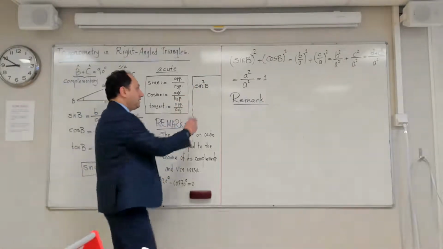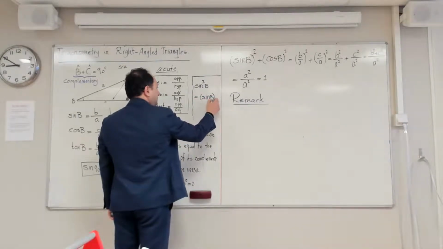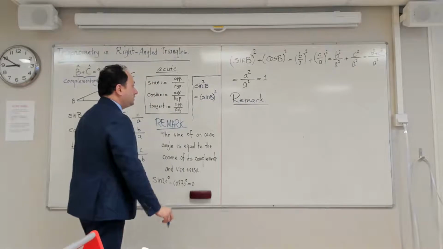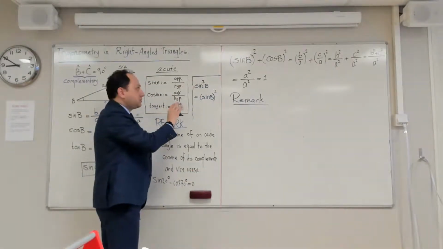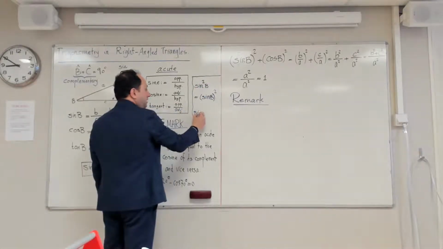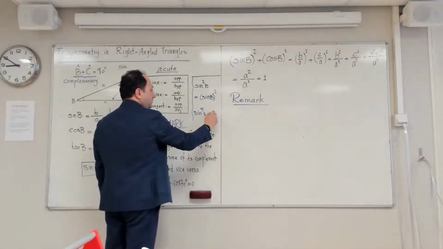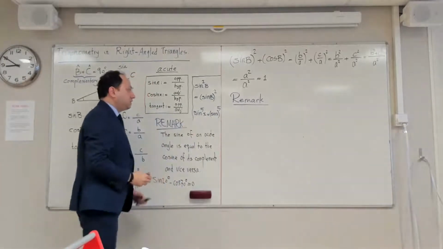But you understand that this means the same thing. And it doesn't matter if this is 2, 3, 4, or any exponent. You just write that exponent here. So what if I write sine to the 5 of x? It means sine of x and then to power 5. So this is something that you need to know.